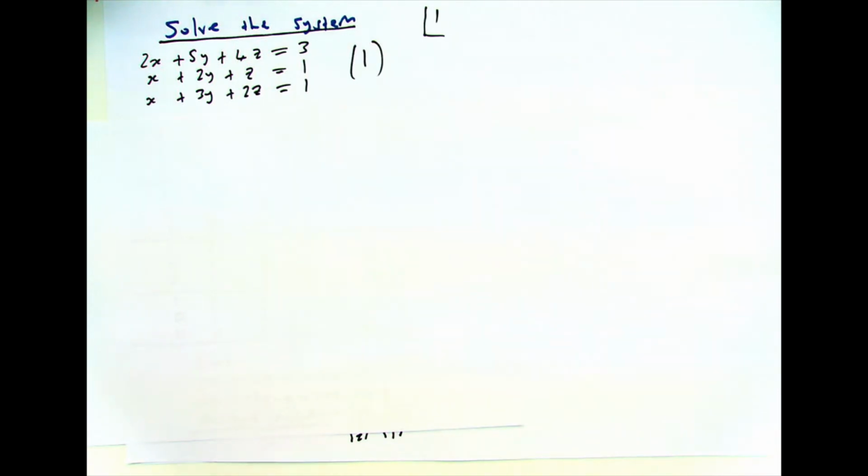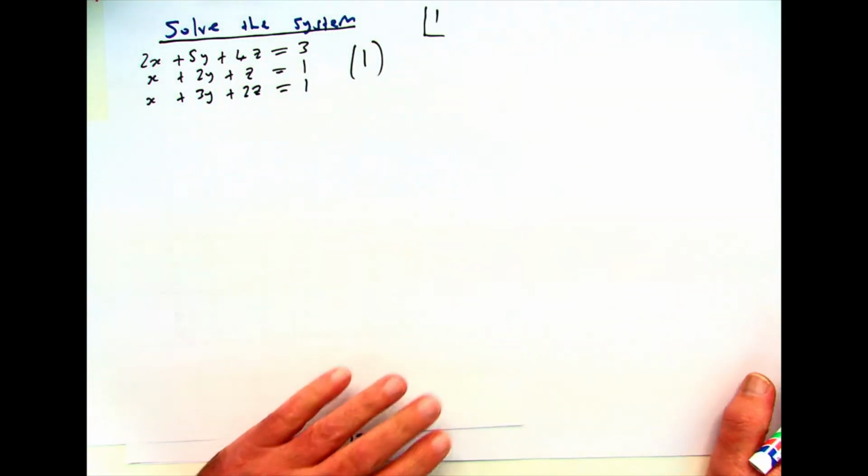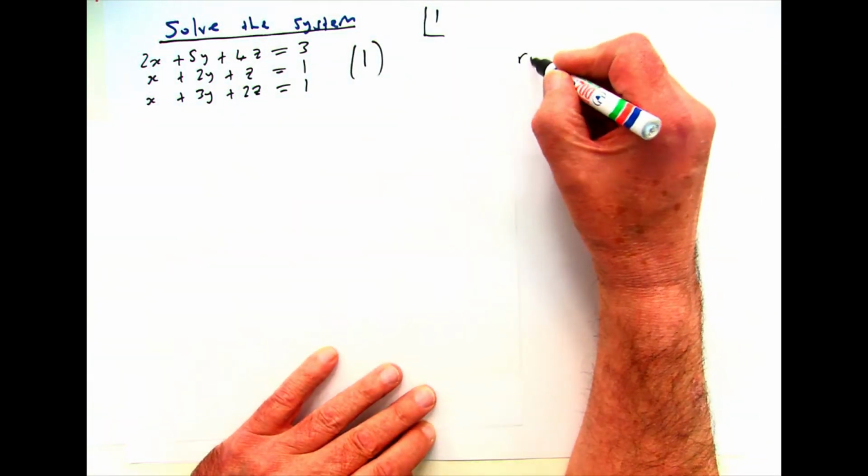Okay, so we're going to do some examples of solving systems of linear equations. So here's the first one. We've got this system of three linear equations in the unknowns x, y, and z. So now we want to reduce to row echelon form.